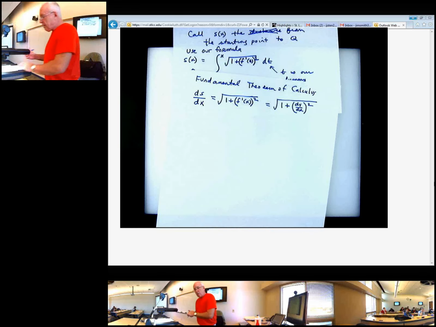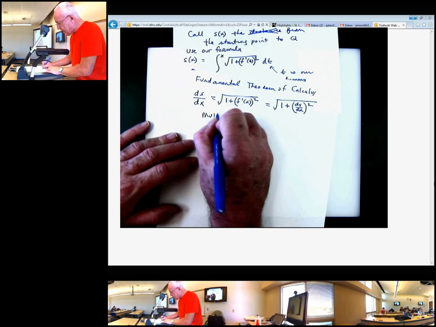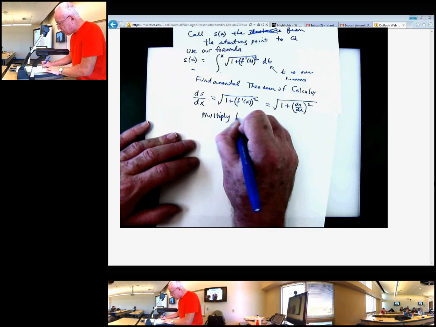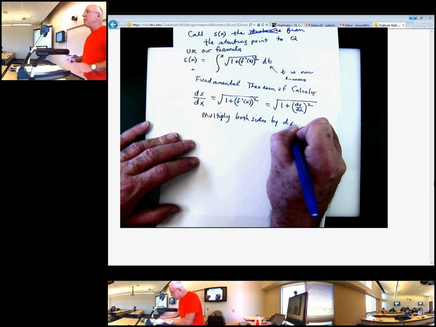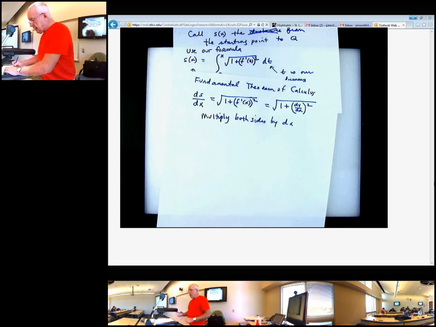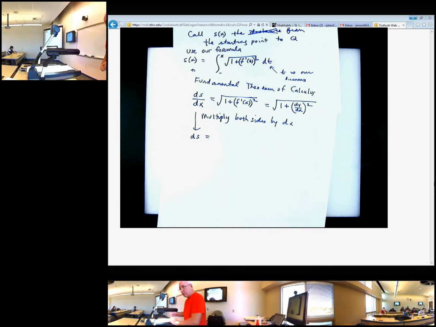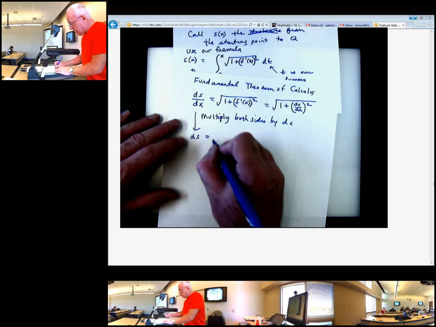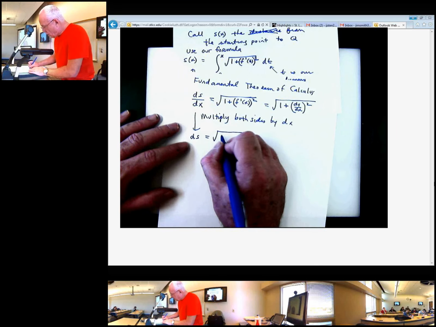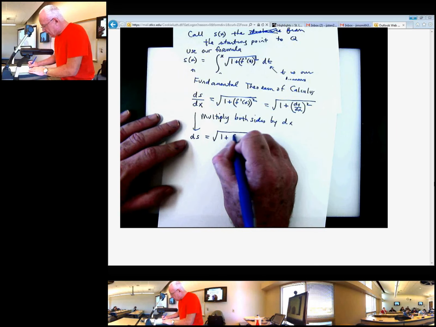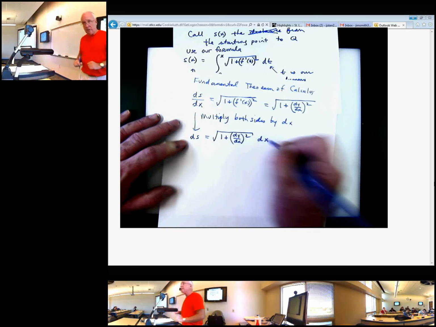Now, if I multiply both sides of this equation by dx, and that's something we can do, the left side is going to become just ds. The right side is going to become the square root of 1 plus dy dx squared, times dx.